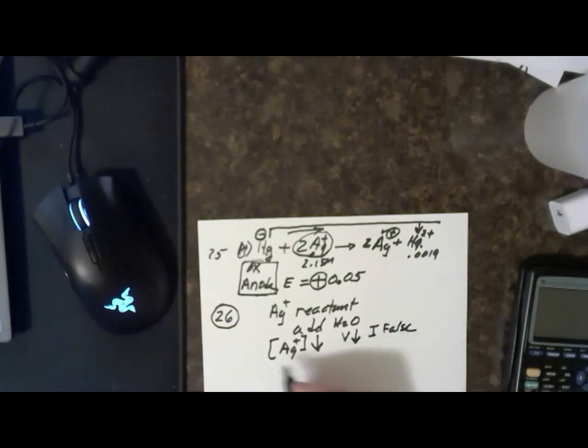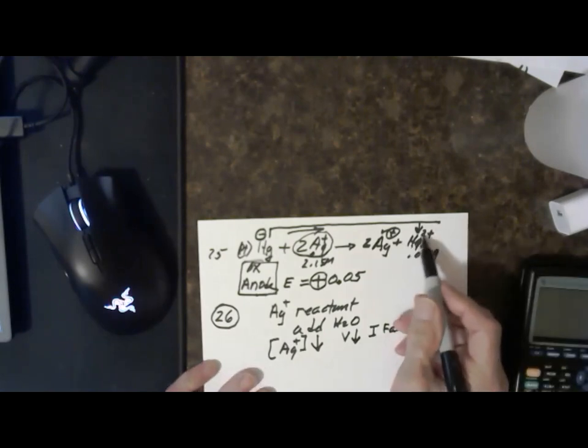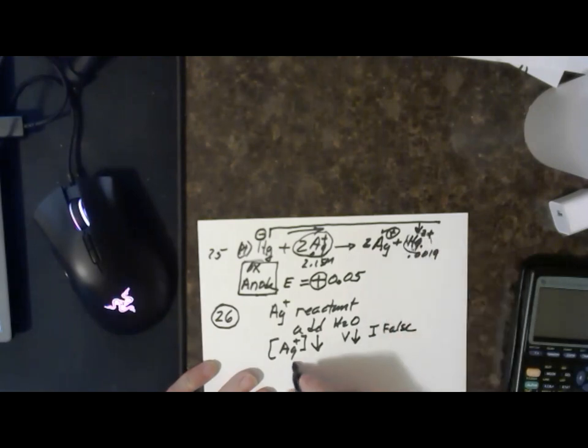Okay, statement 2. Adding water to the mercury compartment increases the voltage. Well, here's mercury here. Mercury ion is a product. So Hg2+ is a product.